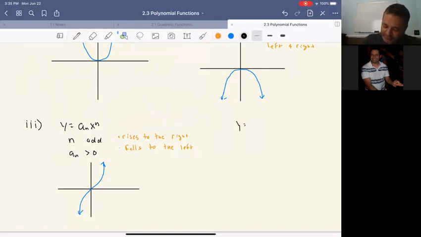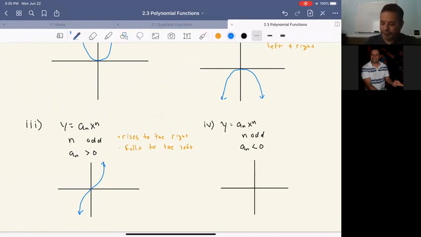And finally, y equals a sub n x to the n, where n is odd and a n is less than 0. So that graph is going to look pretty similar, but the opposite of the last one.